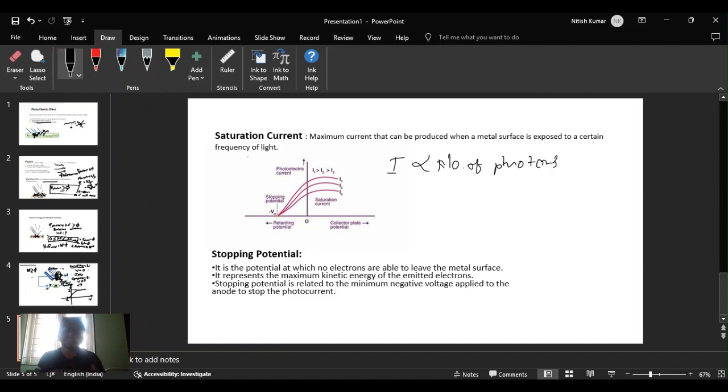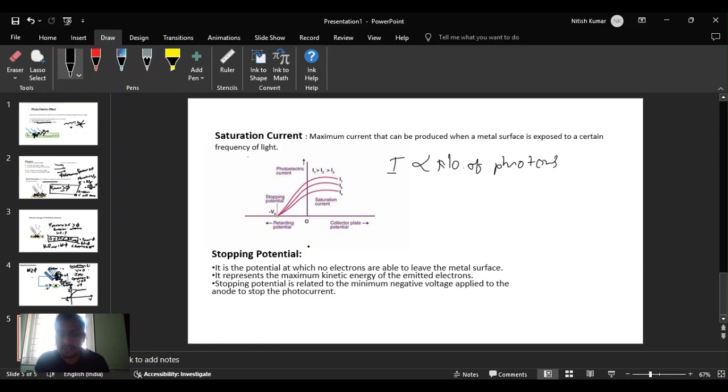As the number of photons increases, the electron emission increases, and an increased number of emitted electrons means the current increases. This is the reason why the saturation current increases on increasing the intensity of the light.